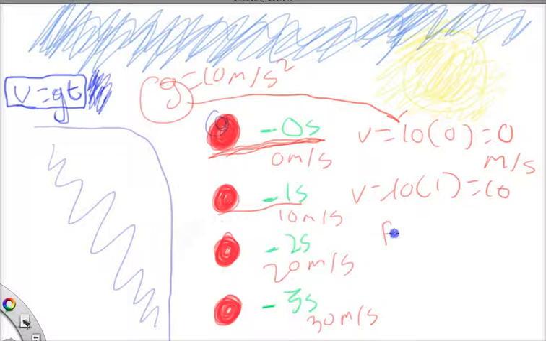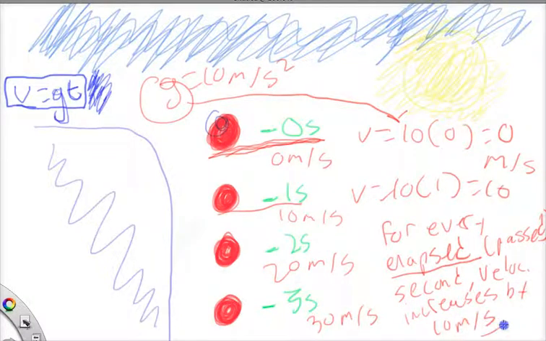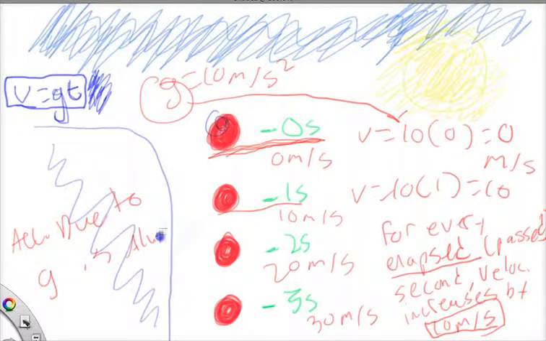So for every elapsed second, velocity increases by 10 meters per second. See that? Because acceleration due to gravity is always 10 meters per second squared.